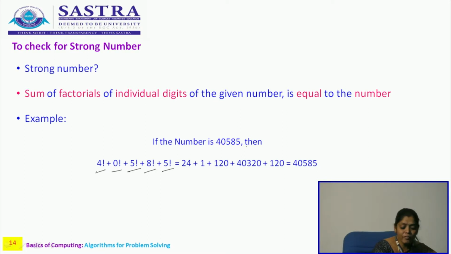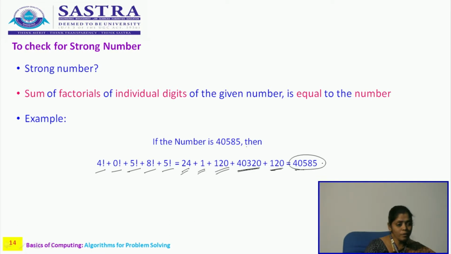That is, 4 factorial is 24, 0 factorial is 1, 5 factorial is 120, 8 factorial is 40,320, and once again there is a digit 5, which again gives you 120. If you add all together, you will get the original number back. So numbers like this are called strong numbers.